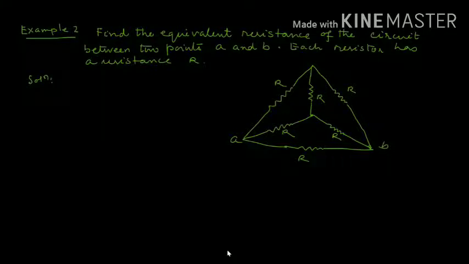Next example, find the equivalent resistance of the circuit between two points A and B. Each resistor has a resistance R. Similarly, we connect a battery of EMF E between two points A and B. Now, on the upper side, suppose we name this point C and this D. Now we replace the resistor between C and D by a galvanometer G. So A, C, B, D is a Wheatstone bridge.